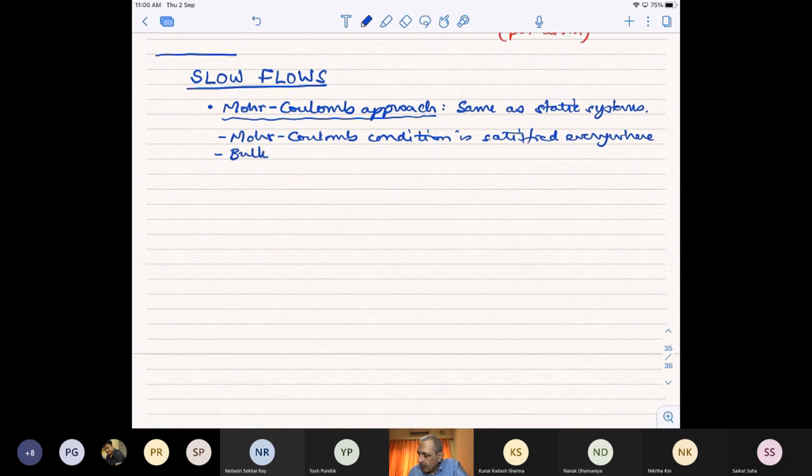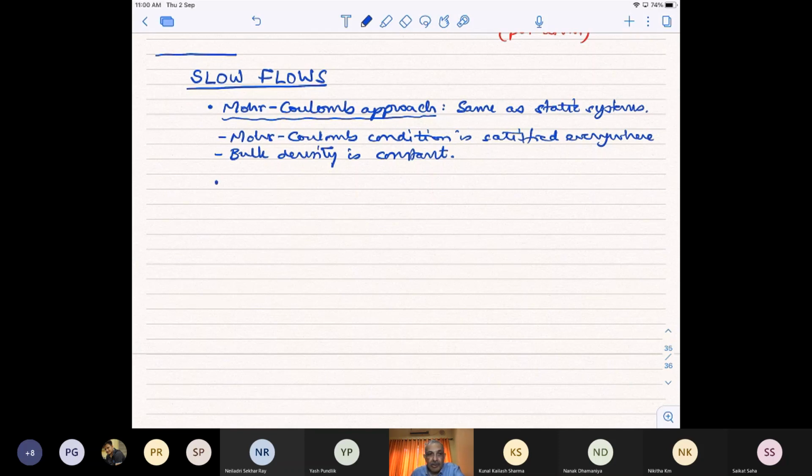So these are the two assumptions. And this gives us quite reasonable approaches and quite reasonable results, and we'll show this.